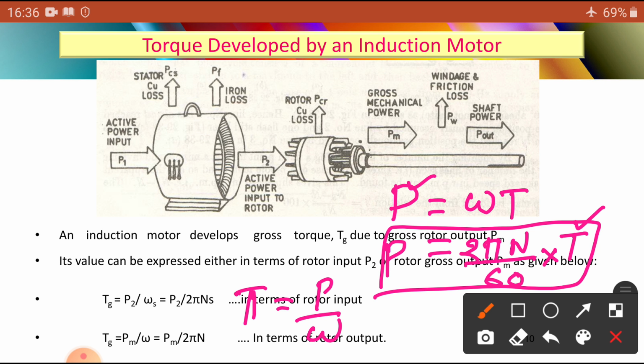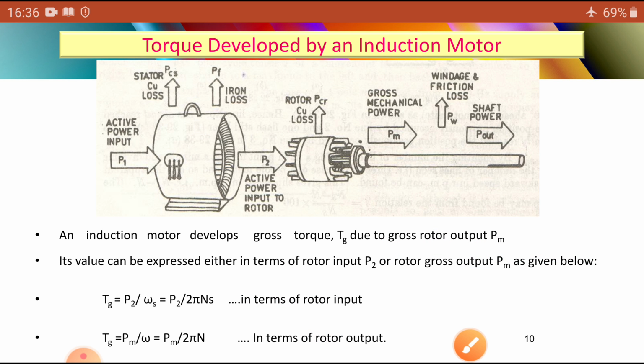How much torque is developed in the shaft, and how much torque is developed in total? Okay. Let us see. Now here you can see, Tg is the gross torque. What is P2? It is the input to the rotor, which is coming at synchronous speed.